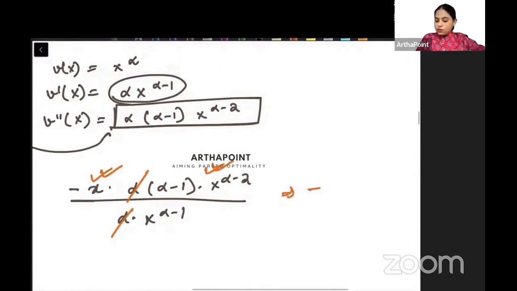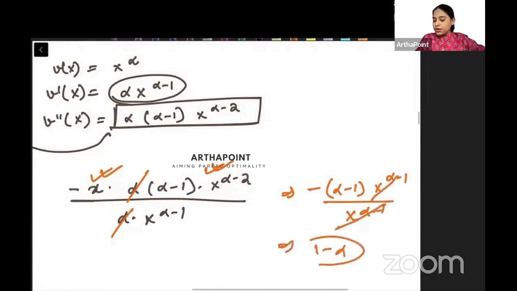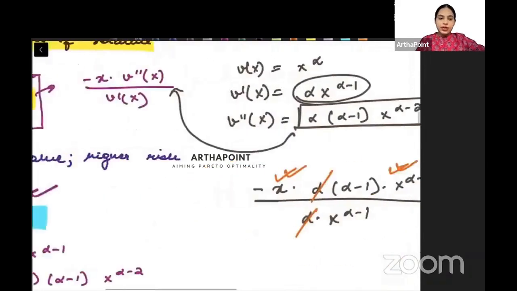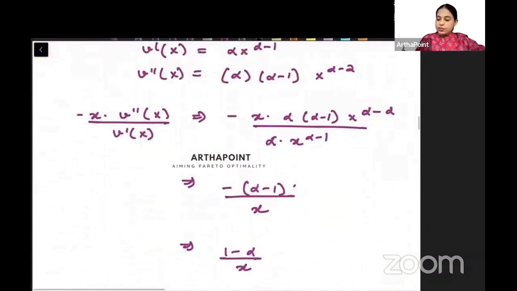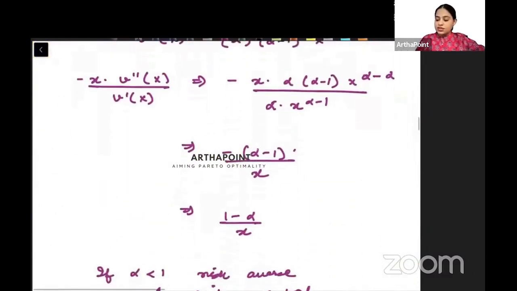So this will give you minus alpha minus 1, x to the power alpha minus 1 upon x to the power alpha minus 1. This will give you 1 minus alpha, right? So basically हमारा जो Arrow-Pratt का value आ जाएगा, that will be coming out as 1 minus alpha.